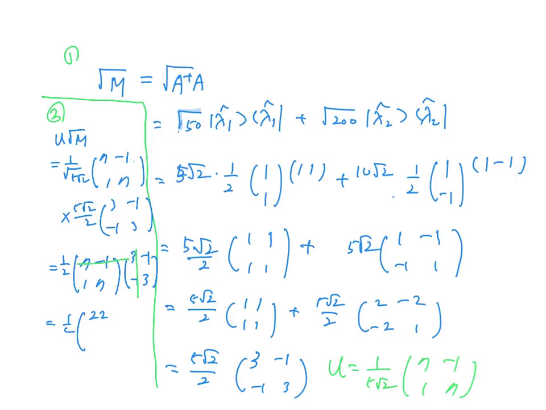Second, minus 7 minus 3 is minus 10, right? And 3 minus 7 is minus 4.